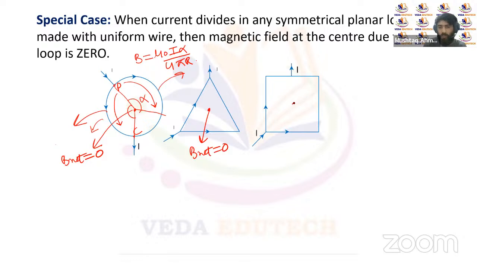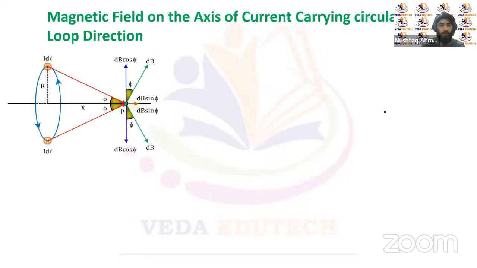And for this case also, the net magnetic field will be equal to zero. So in the case of symmetrical planar loops, the magnetic fields at their centers will always be equal to zero.